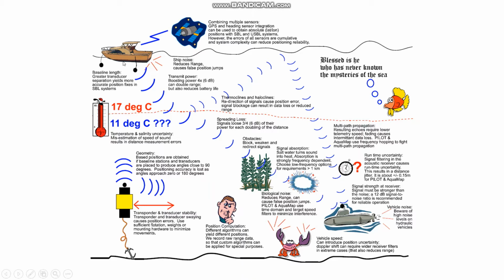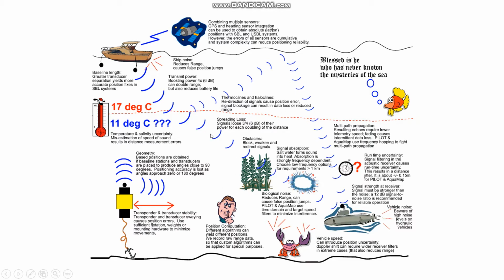Fairly straightforward so far. Second thing though is that sound doesn't necessarily always propagate in a straight line, but it can get refracted by thermoclines or thermal gradients in the water, and it may also bounce off a thermocline, creating a shadow zone.